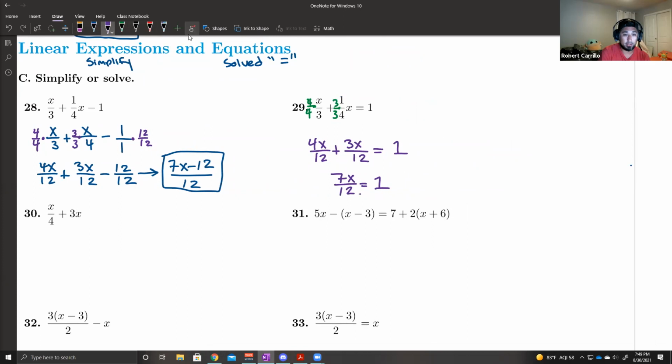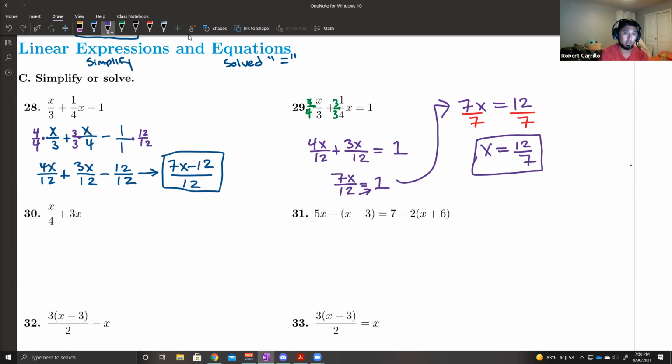So we're going to multiply this 12 to the right side and end up with 7x equal to 12. Then divide by 7. And x will equal 12 sevenths. All right, cool. Not bad, guys.